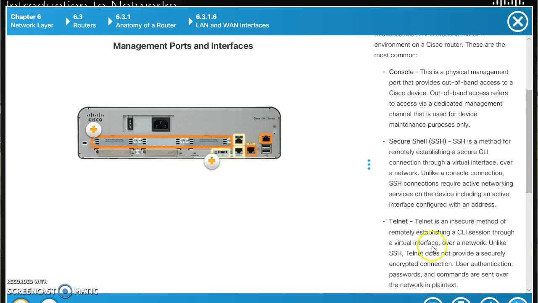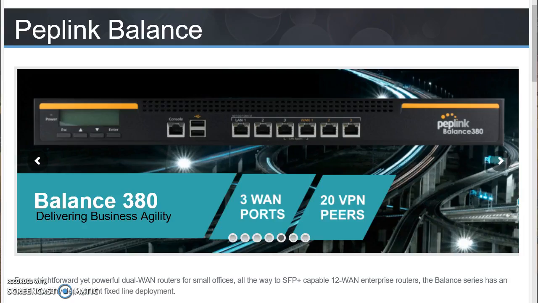One of the devices that I've become accustomed to and very fond of is a product called Peplink. Peplink is a router, but it is a router that is built on load balancing. It is designed and built upon the idea of having multiple WAN ports.